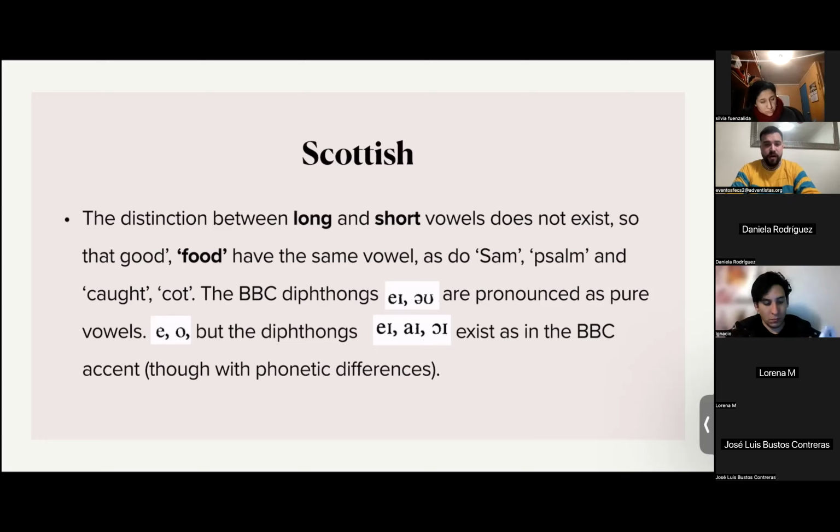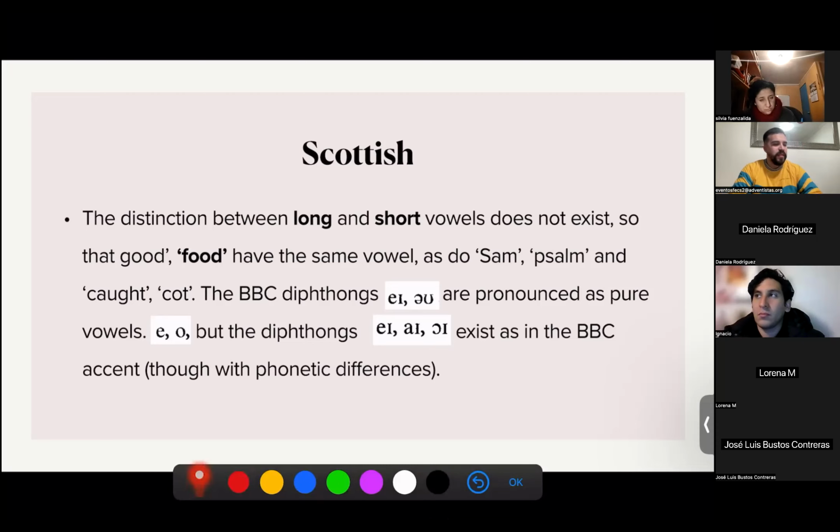And also the diphthongs. Remember that when we talk about diphthongs, we talk about two vowels together, for example, the diphthongs in the BBC accent. In the Scottish accent, these diphthongs are not pronounced, so you're not going to hear them, and they're going to be heard as single vowels.